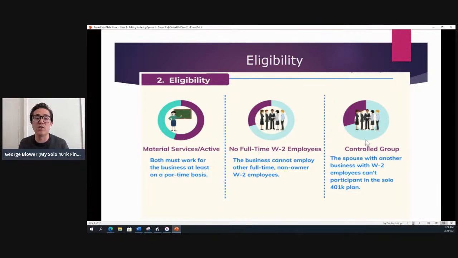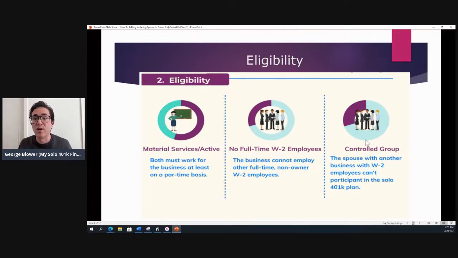Let's say both spouses work in the CPA business, just to be clear. So two businesses: one is a CPA business with employees, the other is a realtor business with no employees. A common question would be, could we set up a solo 401k for our business with no employees?